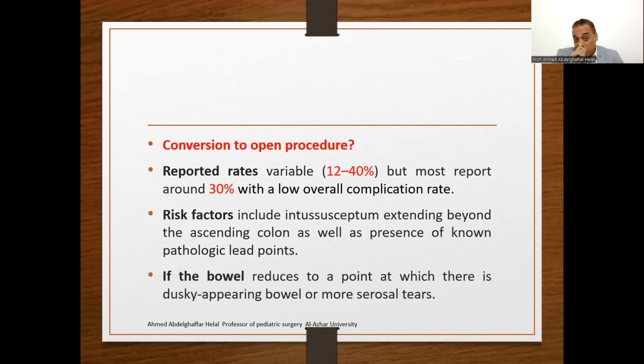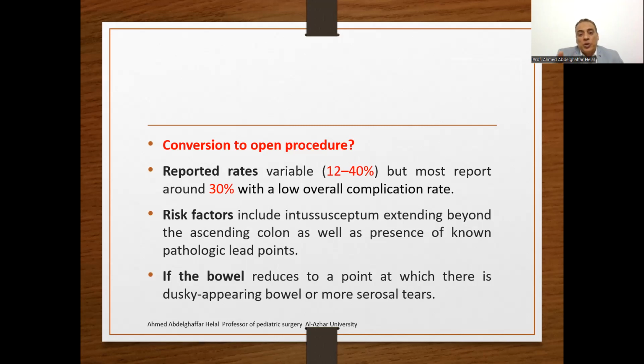Regarding conversion to an open procedure, the reported rate varies from 12 to 40%, but most reports speak about 30%, with a low overall complication rate. Risk factors include intussusceptum extending beyond the ascending colon, as well as the presence of a known pathological lead point. This may lead to conversion.